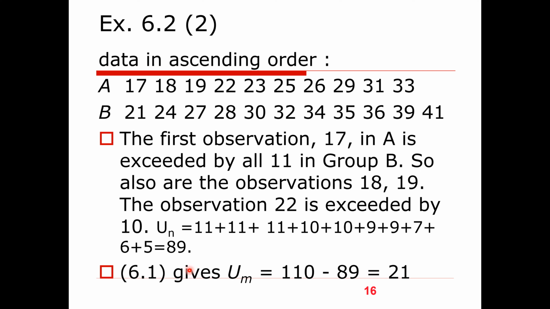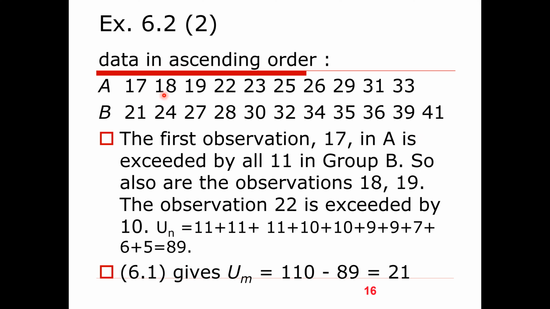So how do we get this? This is for UN. We use each observation in group A. 17 is less than all of the observations in group B, so 17 gives 11 here.